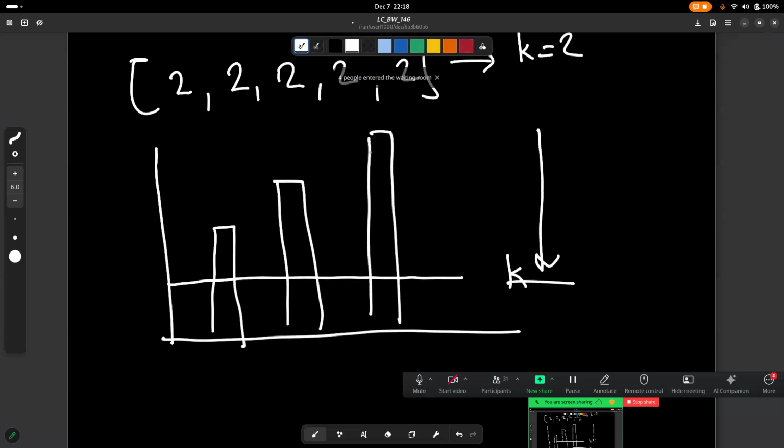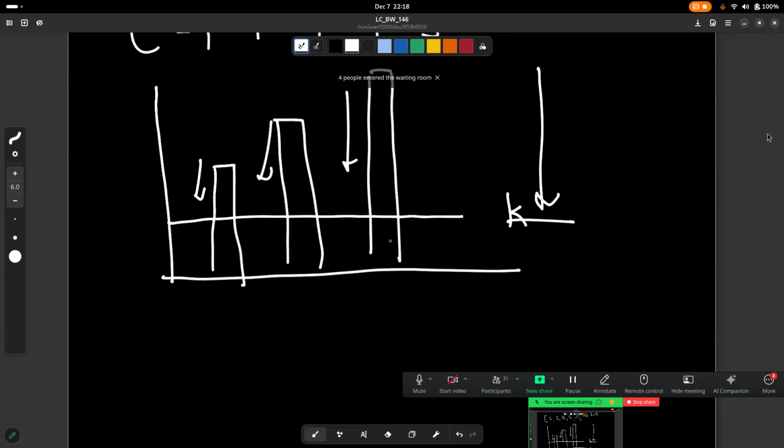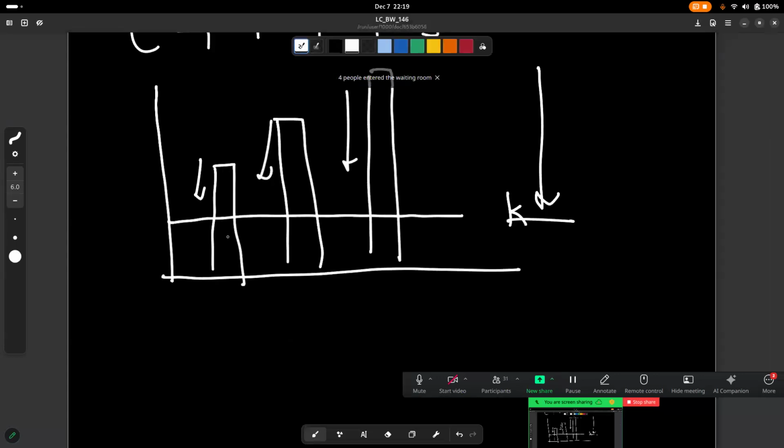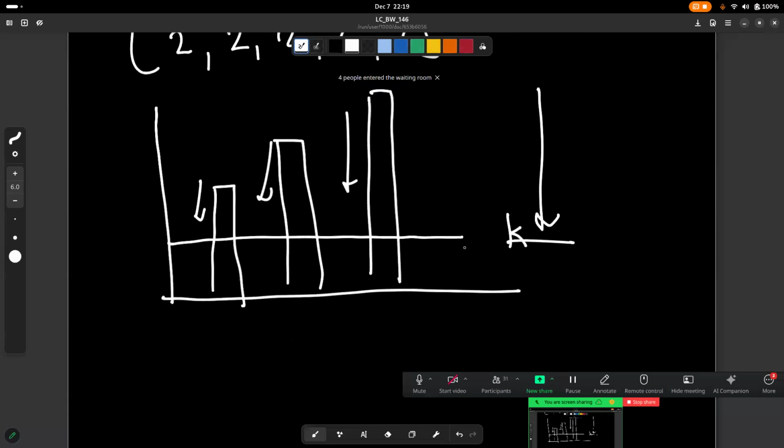Now, if there was no constraint on choosing the value of h, in the first go I would have chosen h equal to k, and brought down all the elements to k.